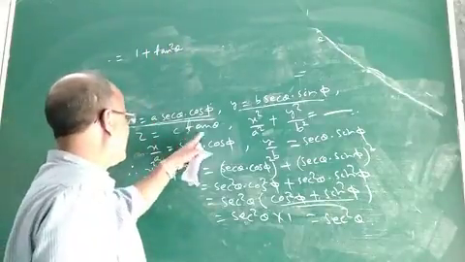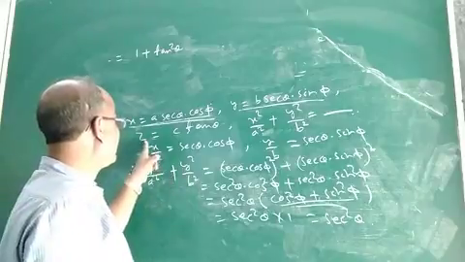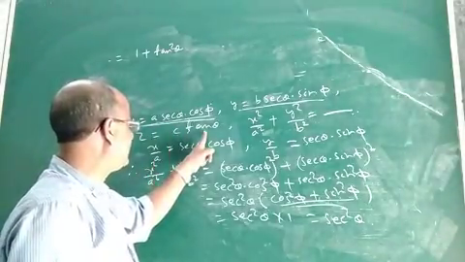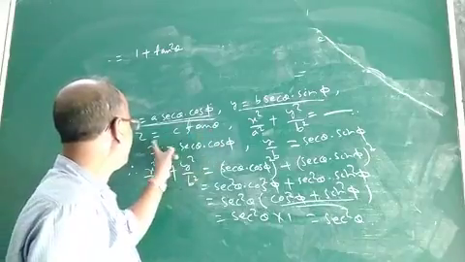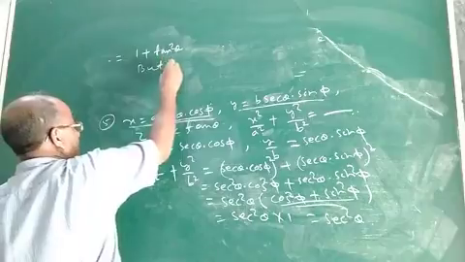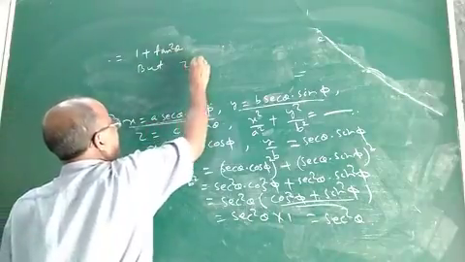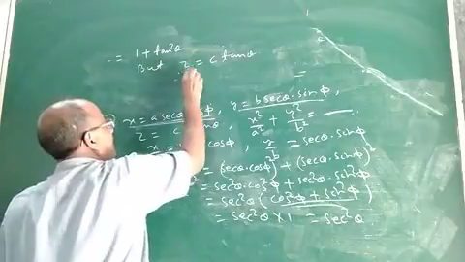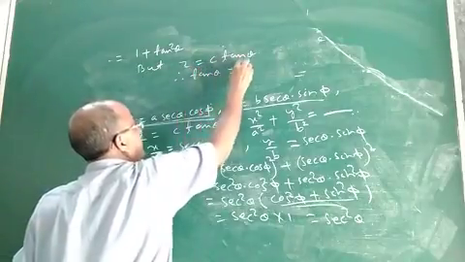But what is the value of tan theta? Here it is given that z equal to c tan theta. Therefore, tan theta will be equal to z by c.